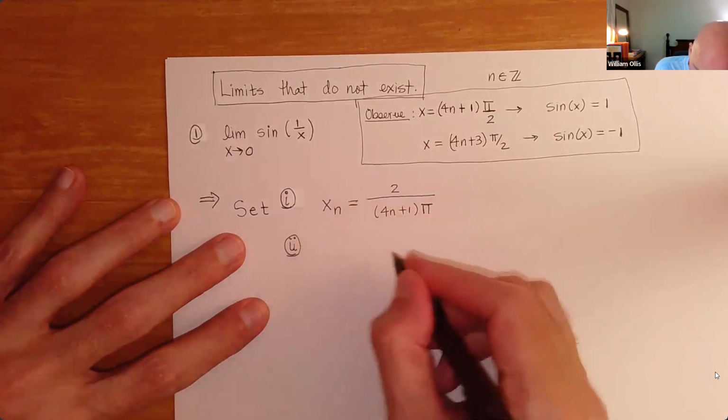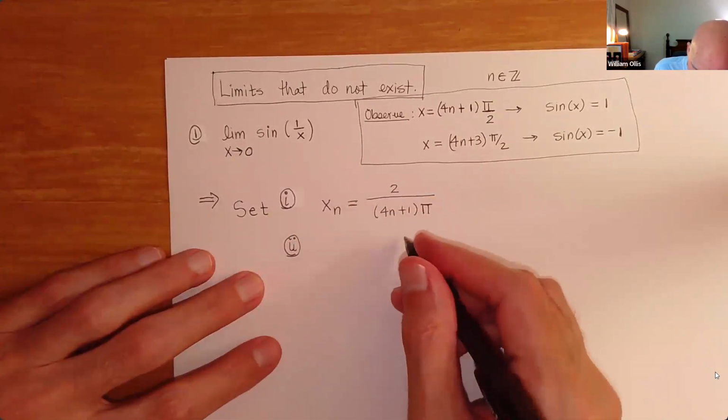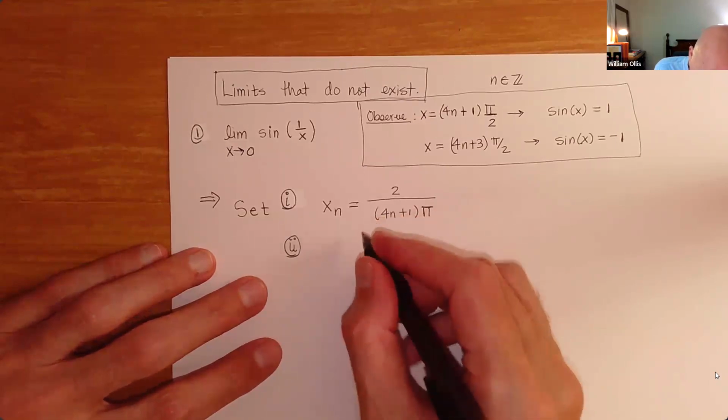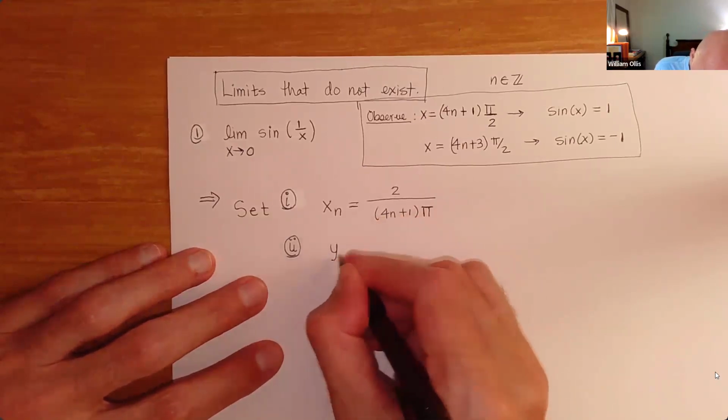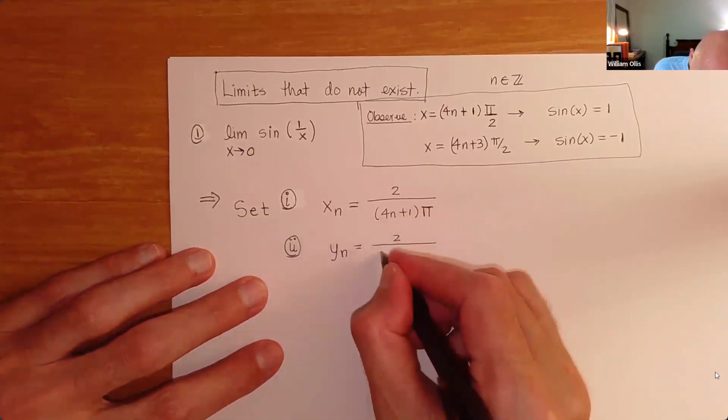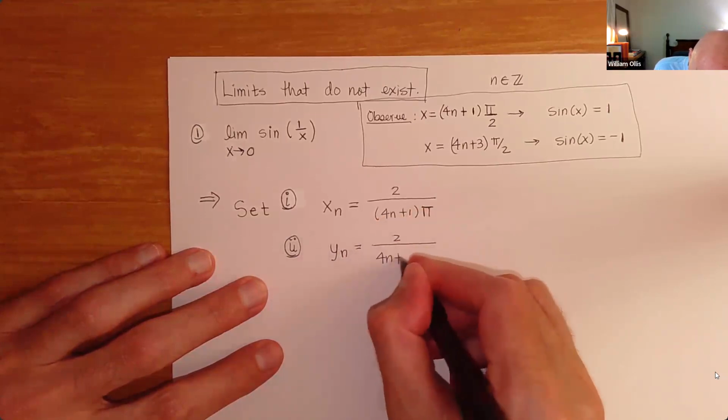And then for the second part, we're just going to use another sequence. We can just give it another name. We'll just say y sub n is 2 over (4n plus 3) times pi.